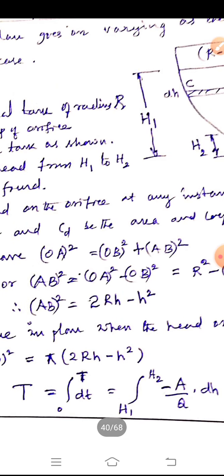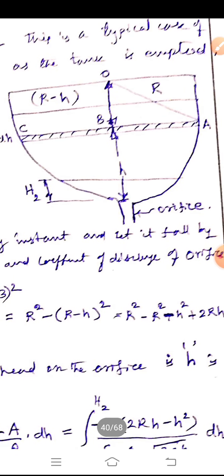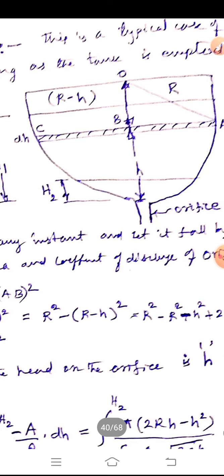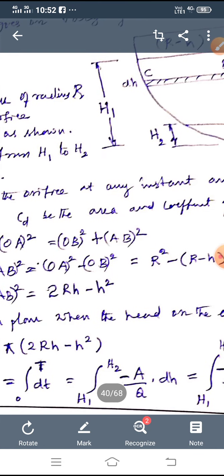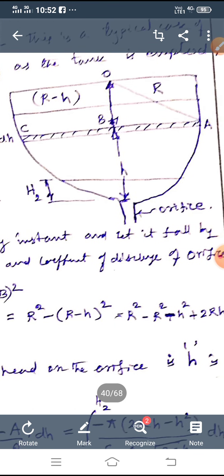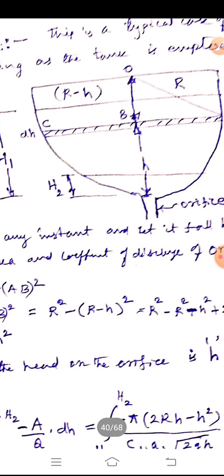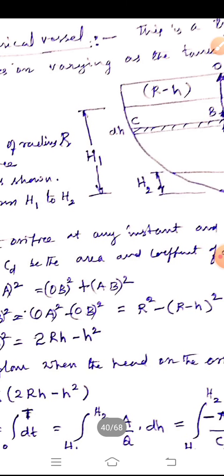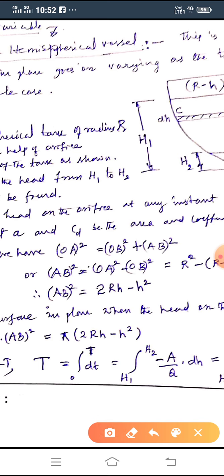Now, since the area of the liquid surface in the hemispherical tank keeps on decreasing, we have to find out AB as the radius while calculating the area. To calculate that, we have to construct a right angle triangle OAB. Here, OA squared is equal to OB squared plus AB squared.